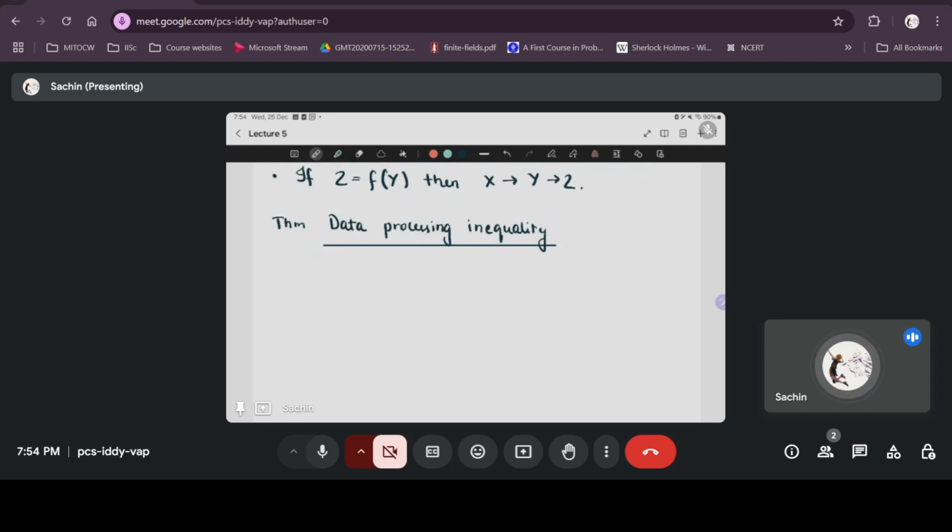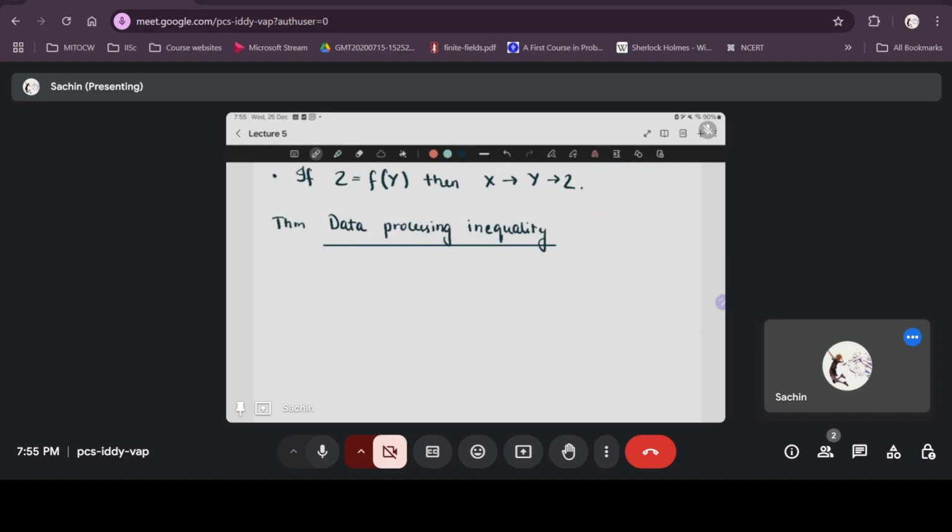So this inequality tells you that if you have two random variables x and y, and you are allowed to observe y, which will give you some information about x because there is some non-negative mutual information between x and y, then by processing y or doing some manipulation with y, you can't increase the amount of information that we can get about x.